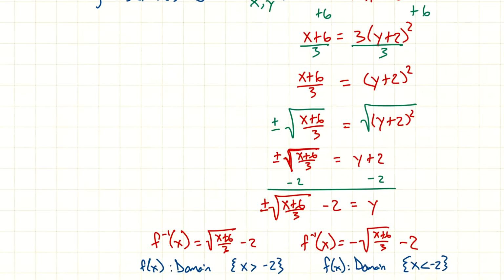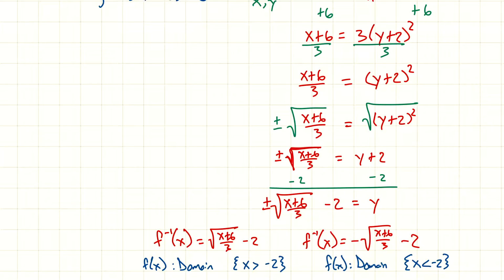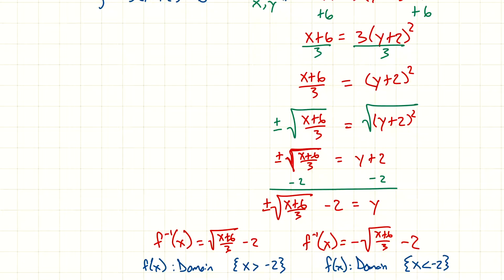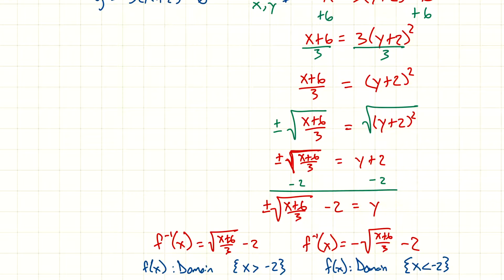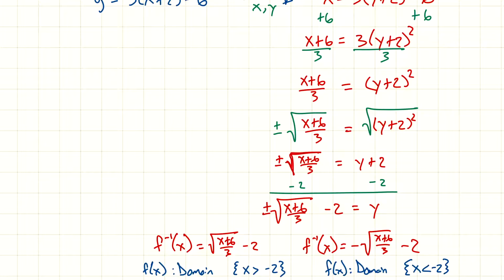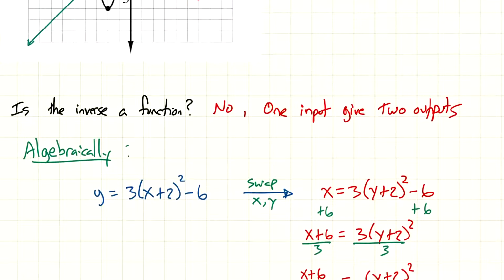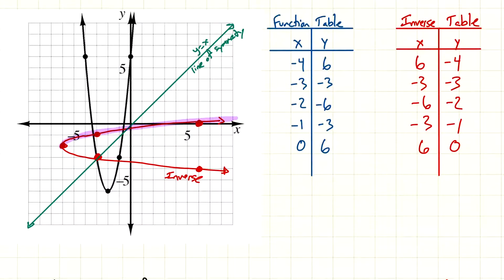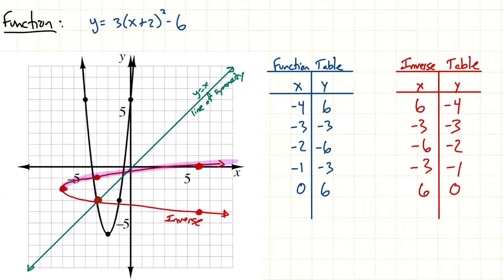If you're not understanding that portion of it, that's fine. It'll come up again when we go into more complicated problems. For the most part, what you need to get out of this is that when you have a quadratic like this and you write its inverse, it's not going to give you a function, but instead it gives you really two functions that together do not make up a function.